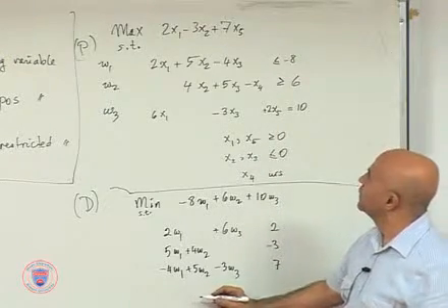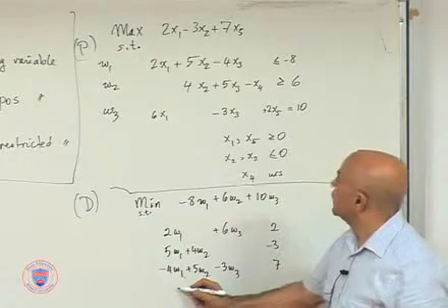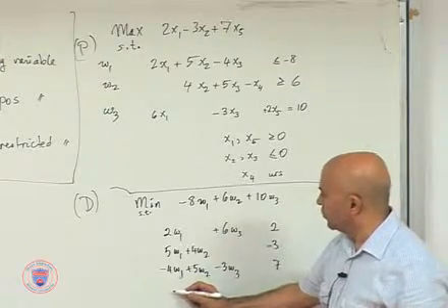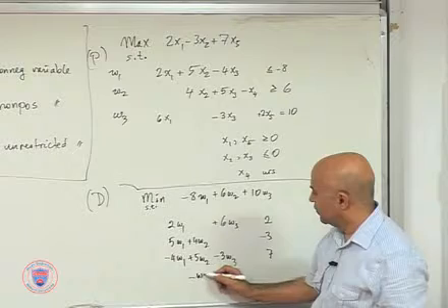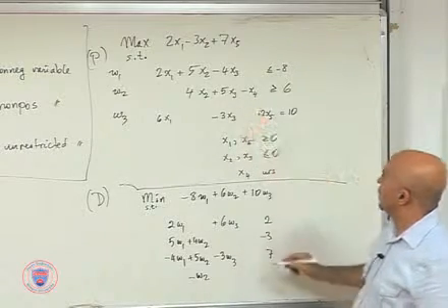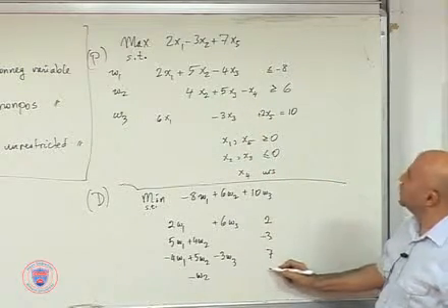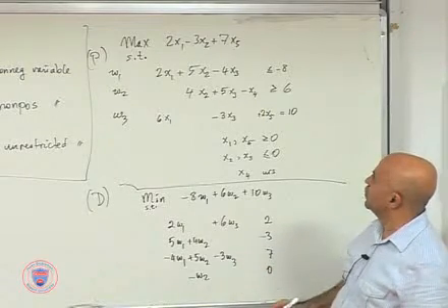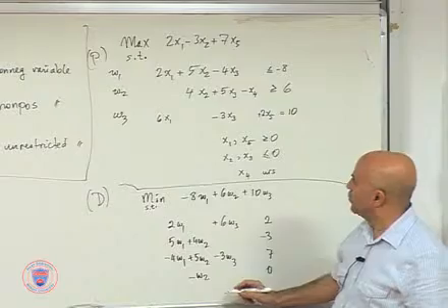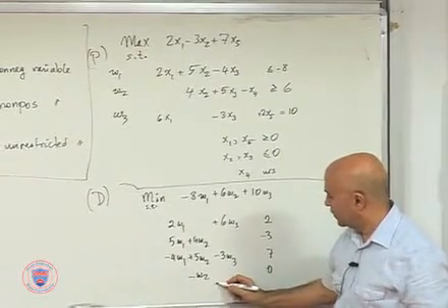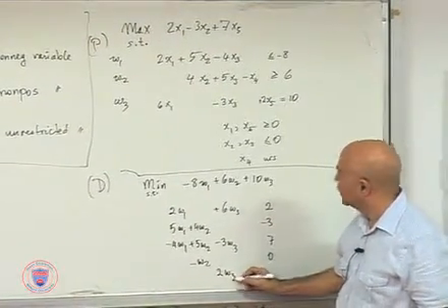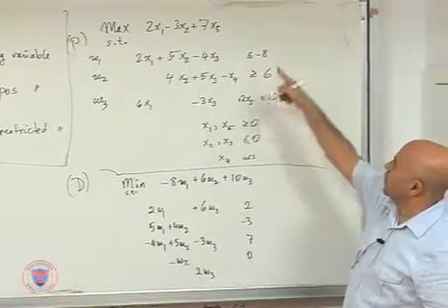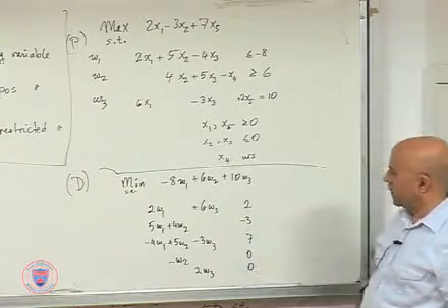Then we have minus W2, and on the right side we have 0. And then we have 2W3, and on the right side we have again 0.